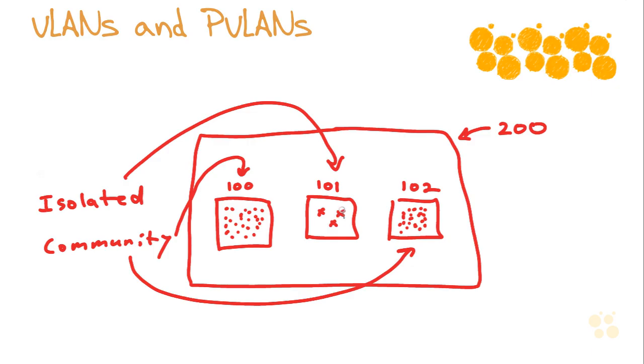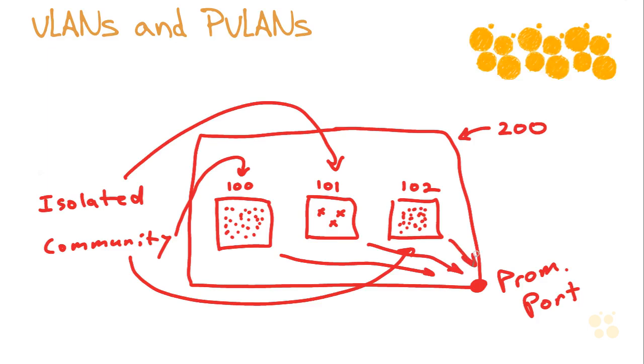The individuals in this isolated VLAN cannot communicate with other individuals, but you may wonder, how could all of these entities communicate with the rest of the world? And that is, of course, with a particular port that we designate the promiscuous port. So the promiscuous port does allow all of these devices to communicate beyond this private VLAN structure.